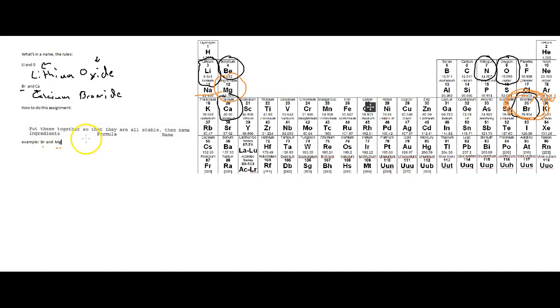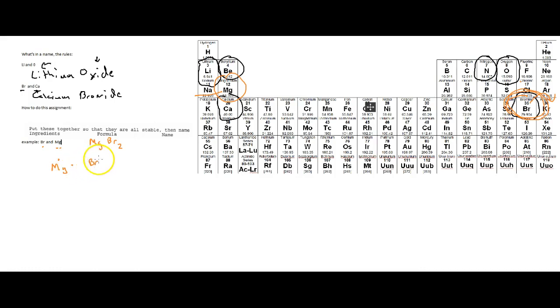You can use dots if you'd like. You may use anything you want. But I know magnesium needs to lose 2. I know bromine wants 1. So I need 2 bromines to take care of the 2 electrons the magnesium has and wants to get rid of. If you want to do it with dots, you could do Mg. I got 1 dot, 2 dots.